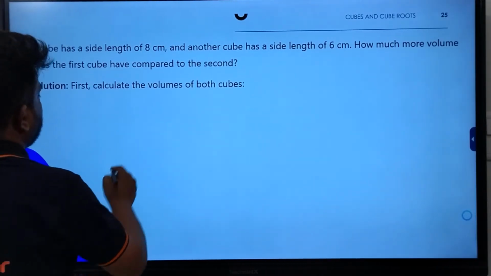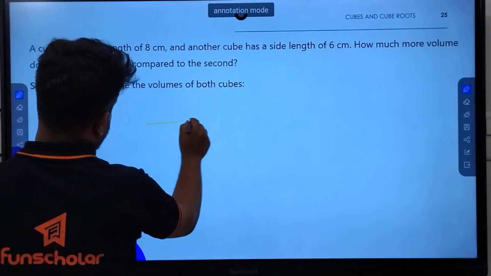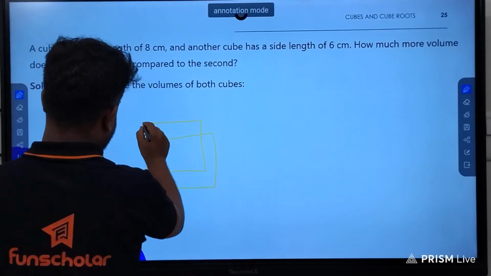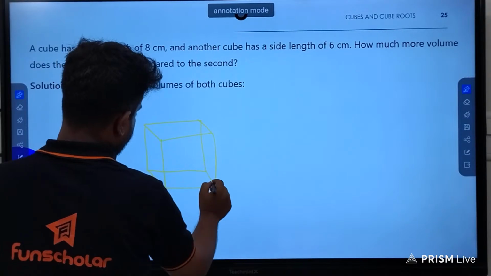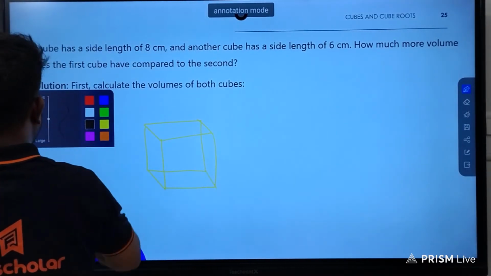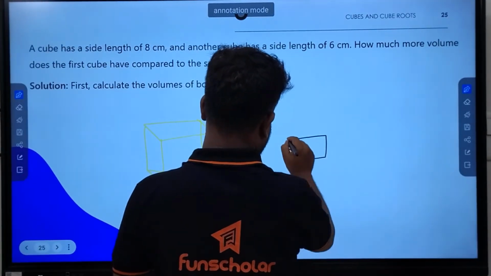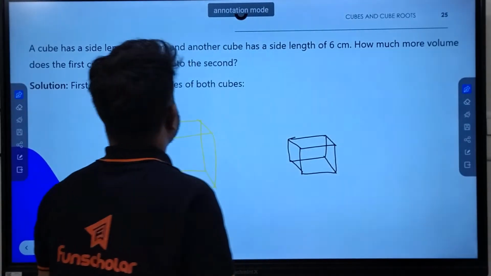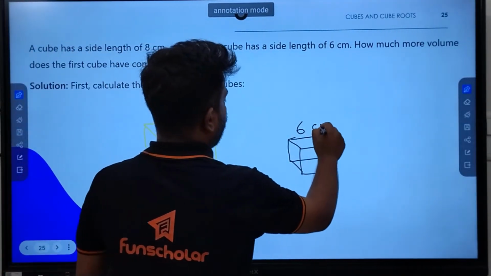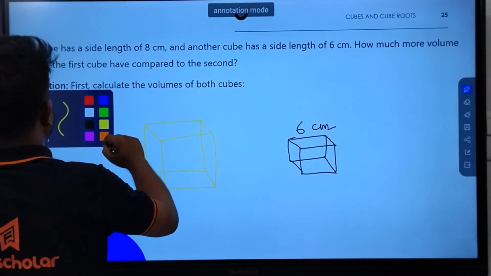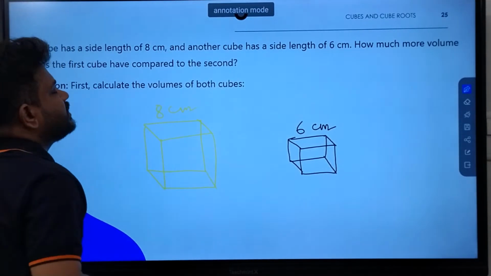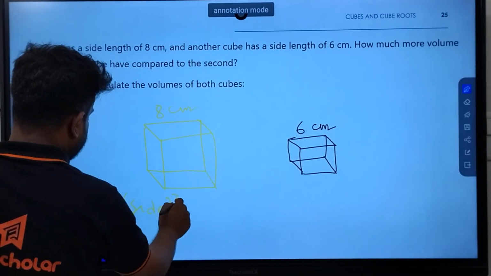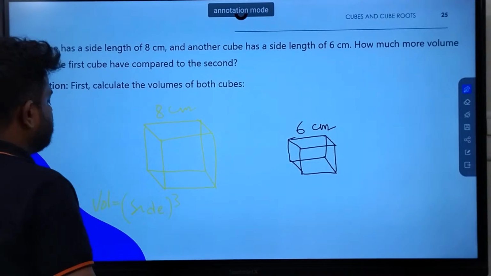Okay, so if I consider these two are the cubes, one cube is 6 centimeter and another cube is 8 centimeter, and I have told before that the volume of any cube is the cube of its side.